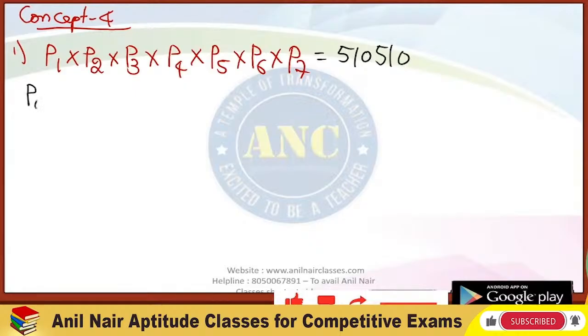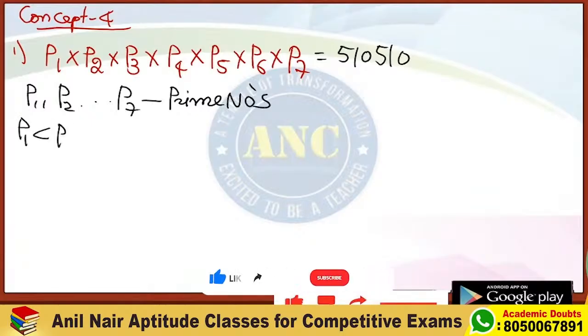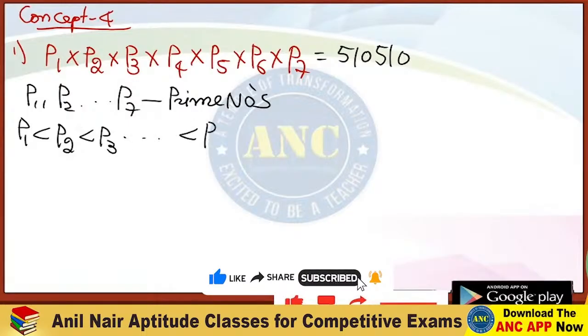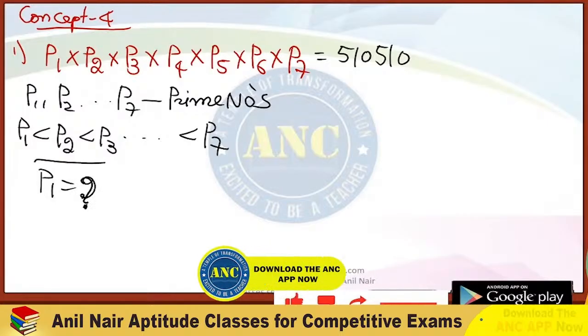All these numbers, P1 to P7, are prime numbers. If P1 is less than P2 less than P3 and so on up to P7, find the value of P1.